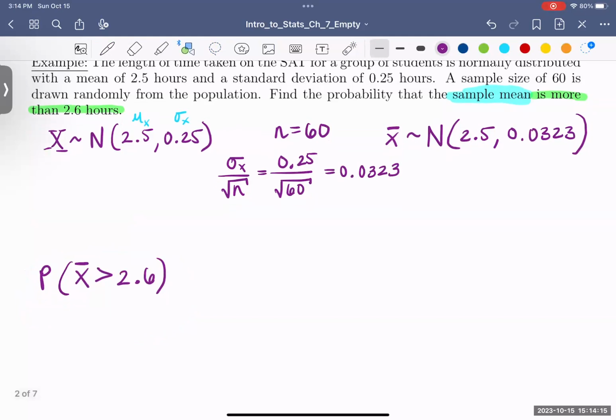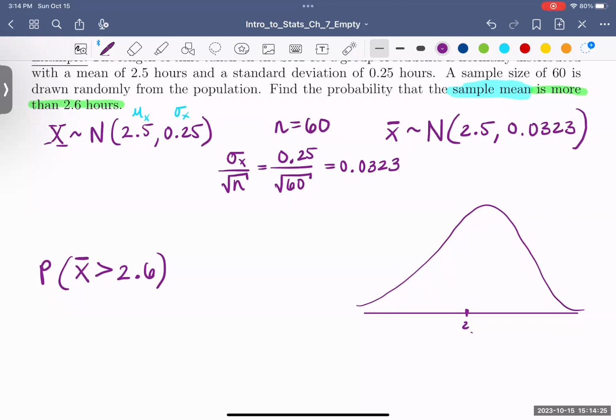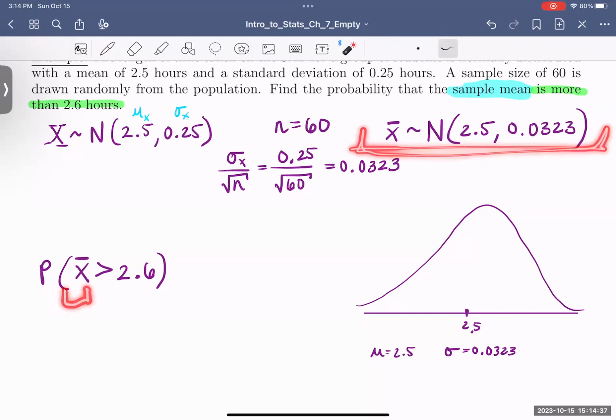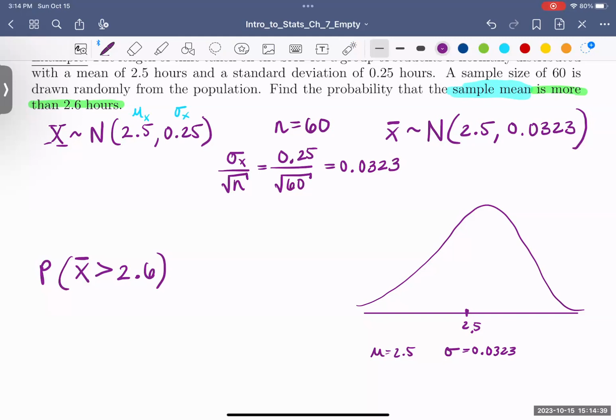So I'm going to go to that online calculator. I want my picture to look something like this. 2.5 should be in the middle. That was my mean. My standard deviation should be 0.0323 because I'm looking for that X bar. I needed to use the X bar distribution. 2.6 is probably going to be pretty high up there, maybe all the way over here, just because this is such a small standard deviation.